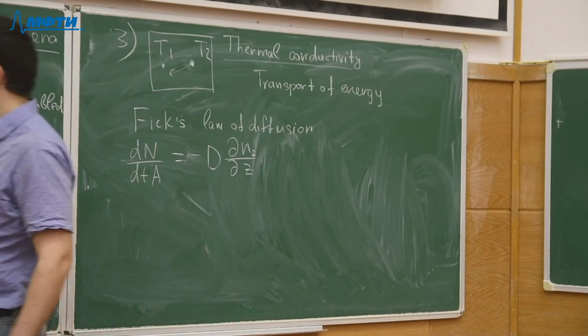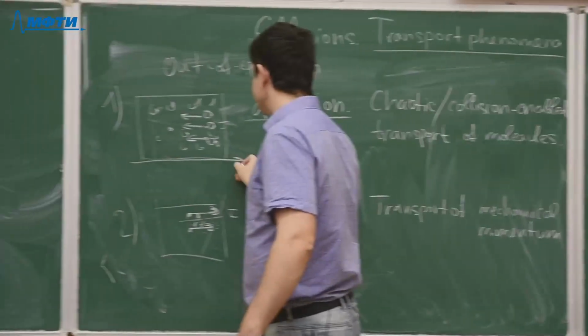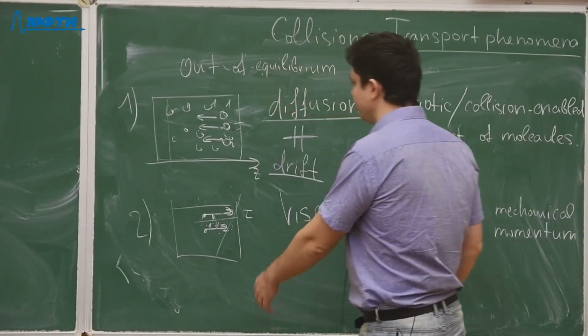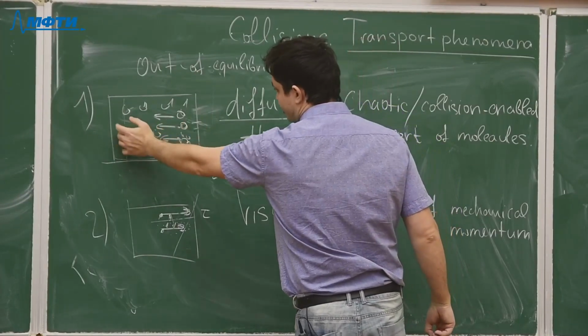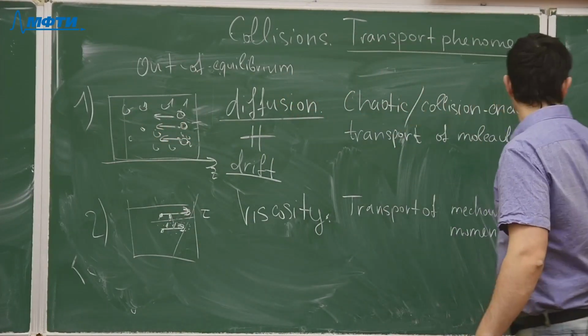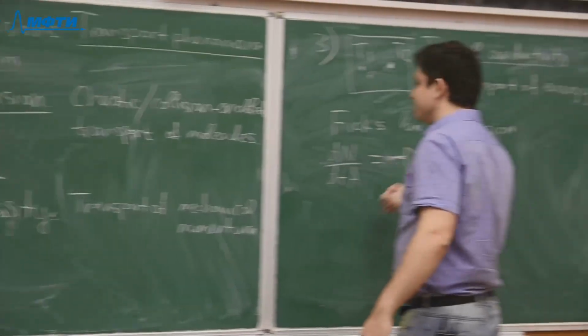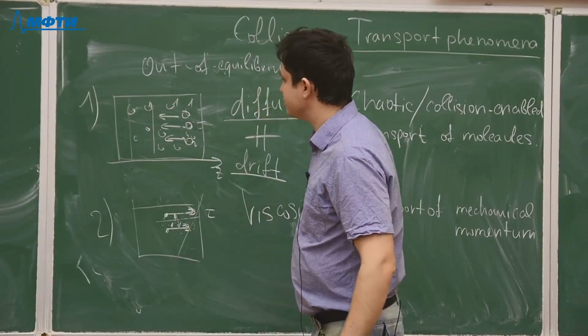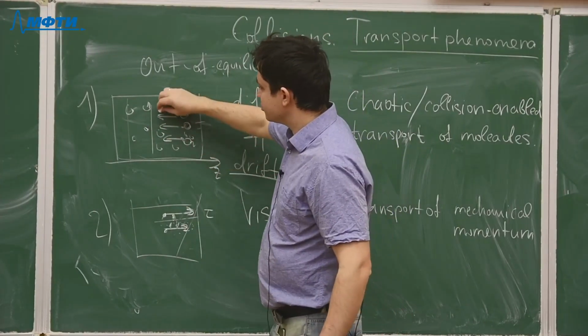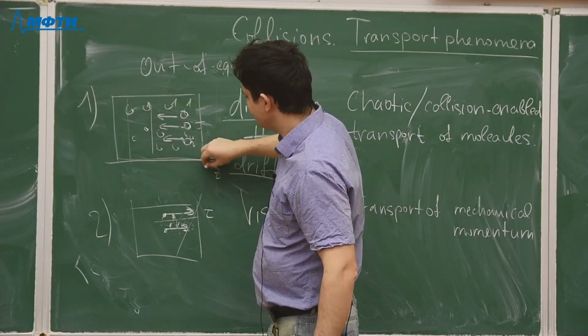So let's say that we have this z coordinate here, and in here we have larger concentration of the second type of molecule, and here we have lower concentration. And the minus sign says that if I have some area here, then molecules would cross this area from larger to lower concentration.